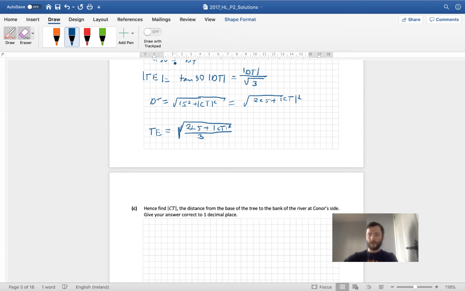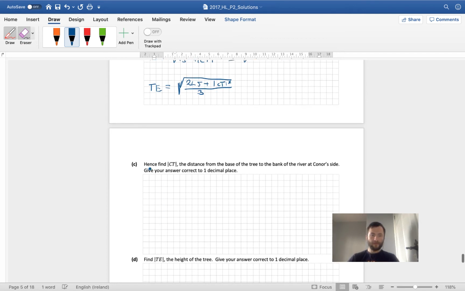So that's kind of straightforward enough, all things considered, because I can use this formula here. Let me just rewrite it. TE is equal to root of 225 plus CT squared all over 3. Replace this with root 3 CT. Root 3 CT is equal to, again, root of 225 plus CT squared all over 3.